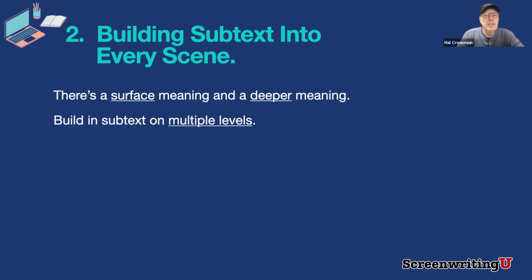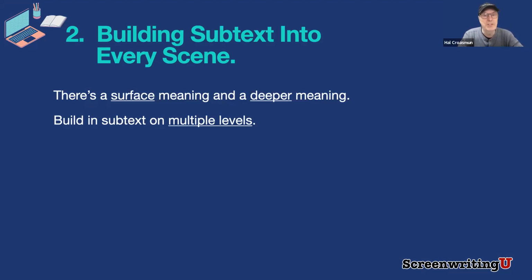Your job is to build subtext also on multiple levels. Let's say we take that same scene. Surface meaning: the boss just asked this employee to keep an eye out for who might be stealing. Deeper meaning: now that character does steal the $20. A deeper meaning beneath that, right?